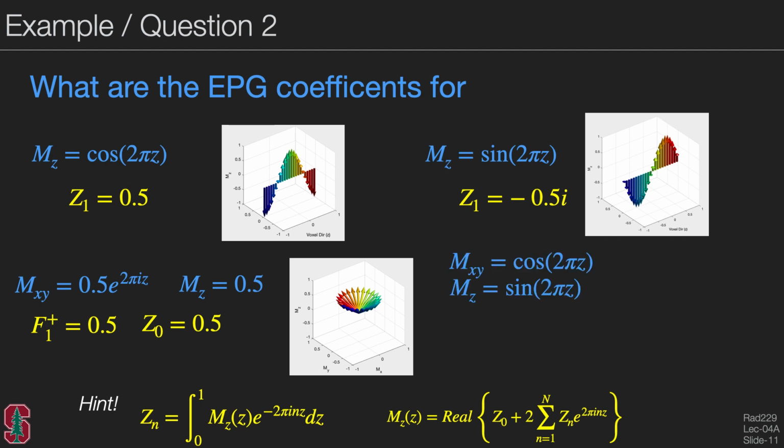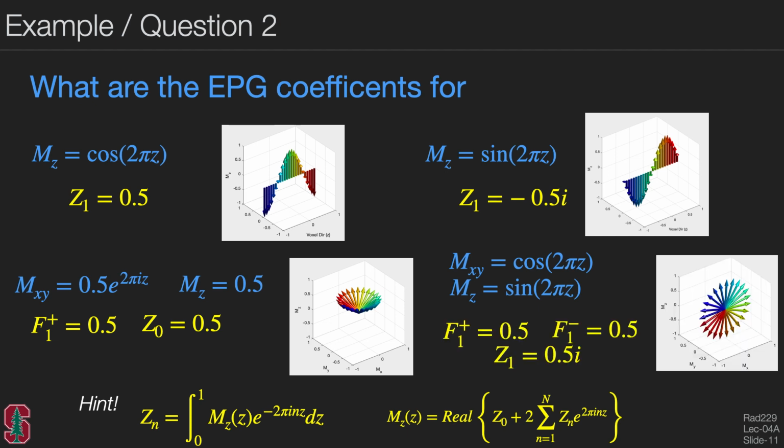Here's another example. Now we have mxy is equal to cosine of 2 pi z, and mz is equal to sine of 2 pi z. So think about the shape here. Notice that mxy is real valued. So what we have here is a dephased disk in the mx-mz plane.